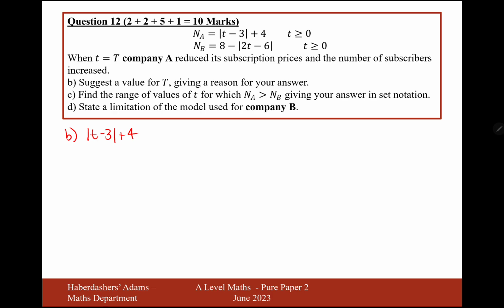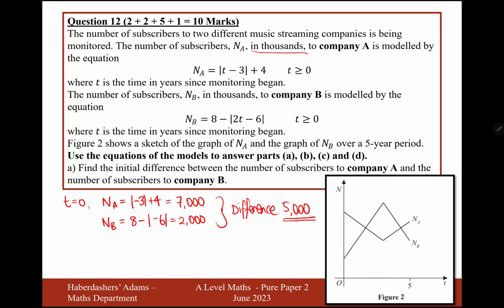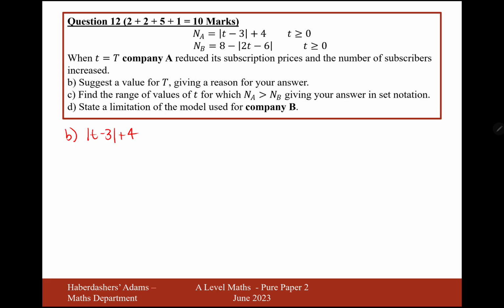If we look back at the graph as well, I would suggest that it's at this minimum point here, and that minimum point seems to occur when t equals 3. So T equals 3, as this is the minimum point, with 4,000 subscribers.